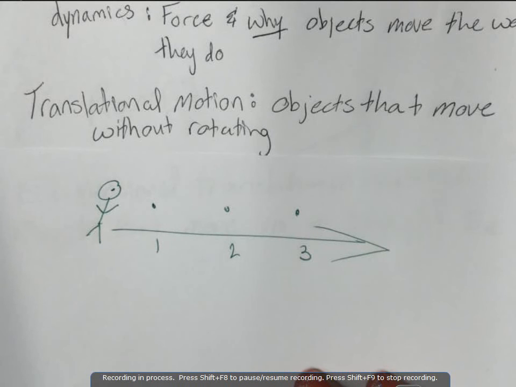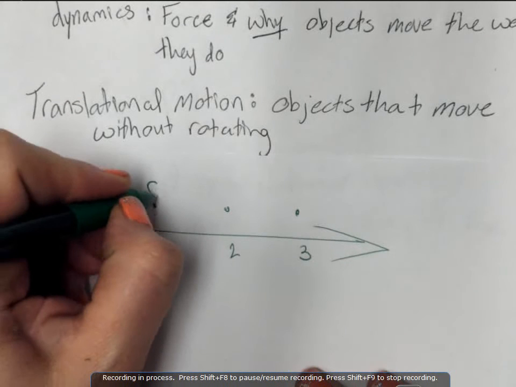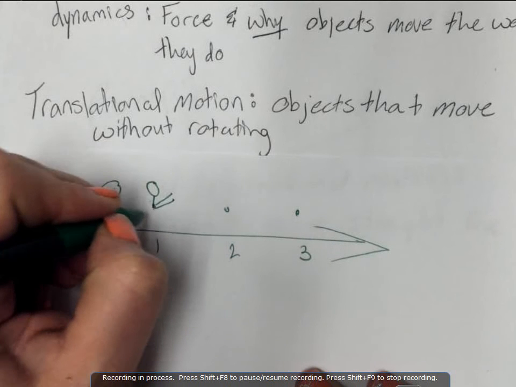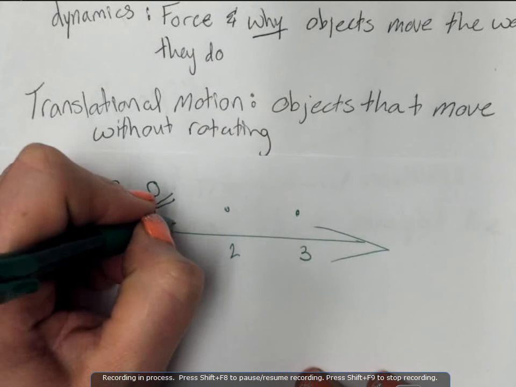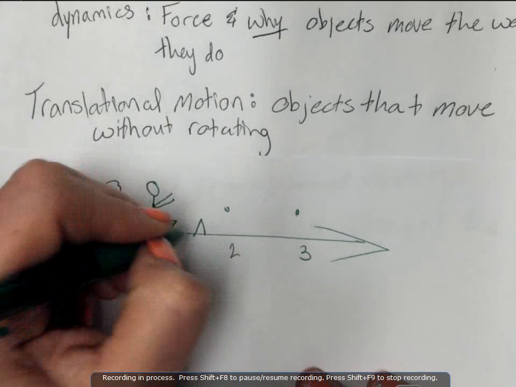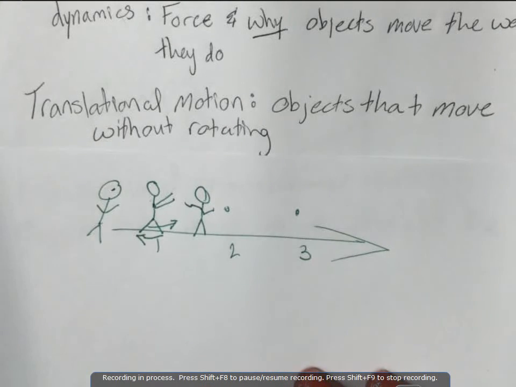If we talk about what really happens as you go from point 1 to point 2 to point 3, think about it. Your one arm swings forward, your other arm swings forward, you have one leg back, then you have the other leg back, and then that whole position changes, right? Then that leg swings forward and that leg swings back, and you end up in this other position, and your arms are flailing all around. It really depends on how you walk and if you're good at it or not.